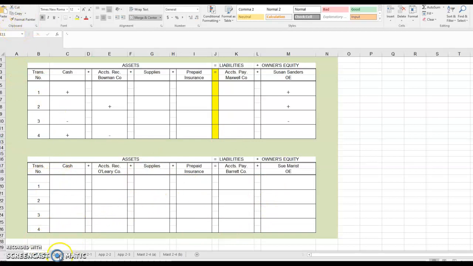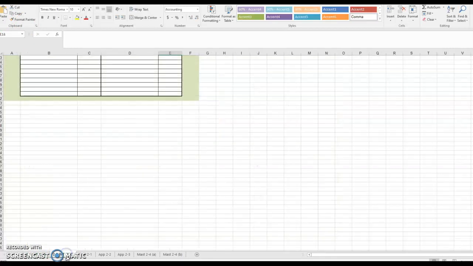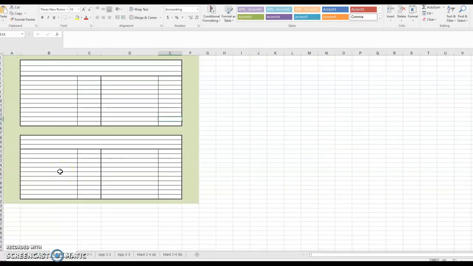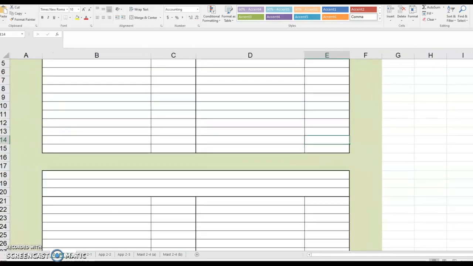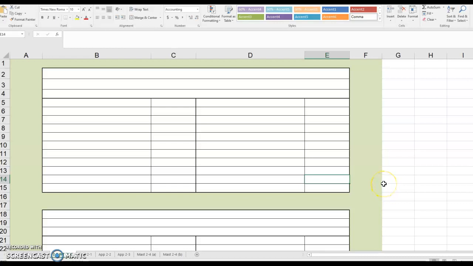The next section, 2-2, if I go to the 2-2 work together on your own tab, I'm going to increase that a bit to make it easier for you to see. And it says on December 31st of the current year, the company's accounting equation indicated the following account balances. They want you to prepare a balance sheet.